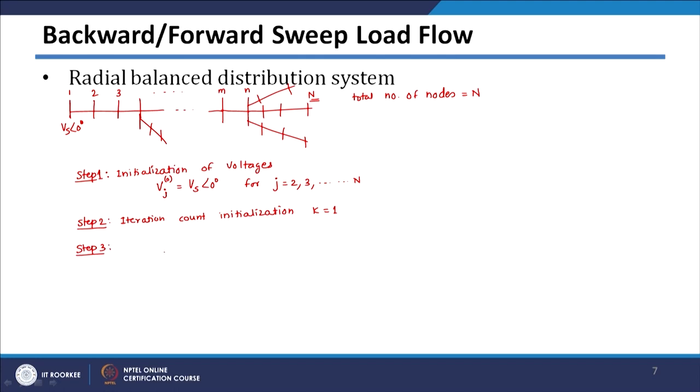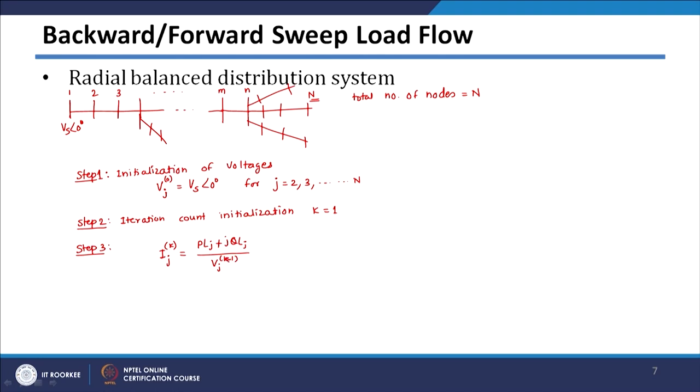The load current equation we have seen: Ij, the load current at any jth bus at say kth iteration, will be equal to PLj, which is basically the real part of the load, plus j QLj, the imaginary part of the load at jth bus, divided by Vj, the voltage at jth bus, but that is calculated at k minus 1, because we do not know that voltage here.